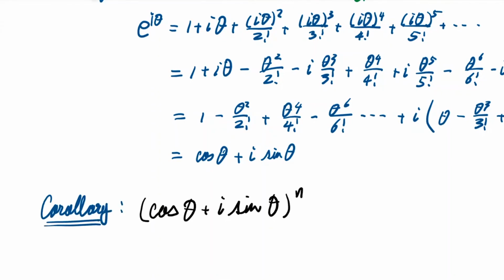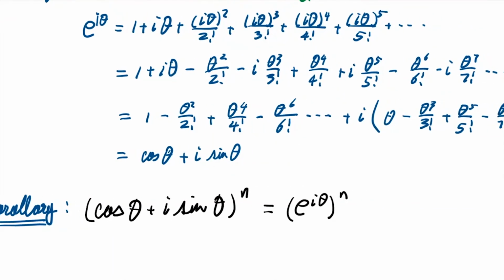I'm going to apply this. So this is equal to e to the i theta to the nth power, correct? Say yes. This is equal to, by the rule of exponents, e to the i n theta.